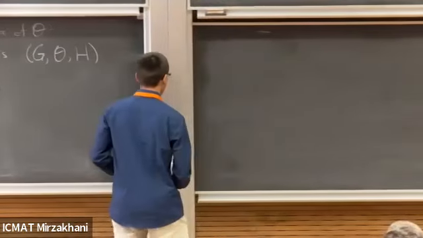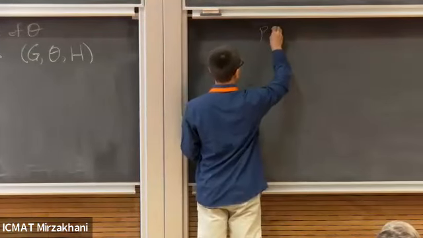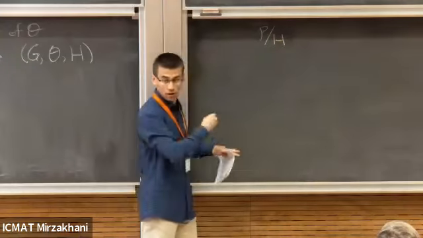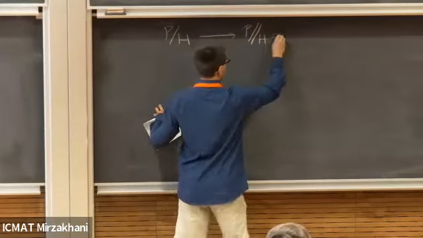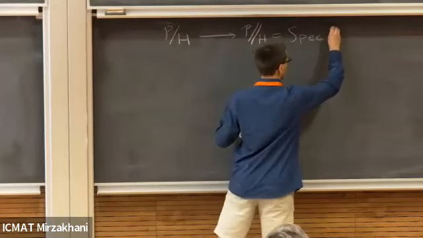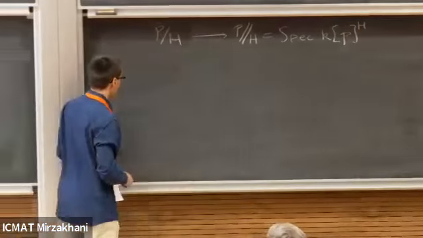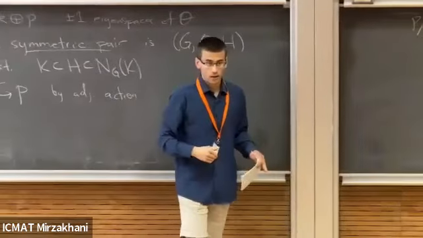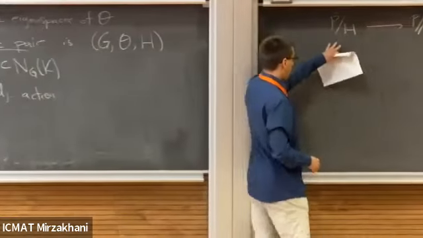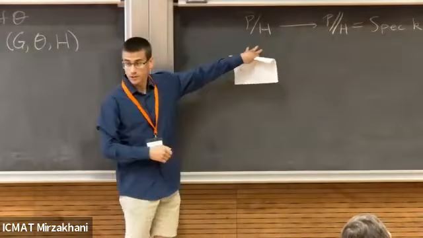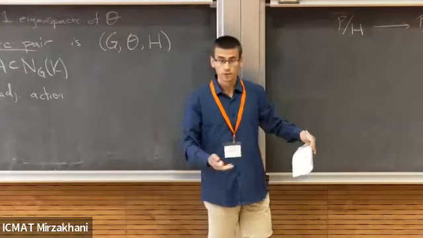Okay, and the principal object of study is this map from the stack quotient of P mod H to this GIT quotient, where if you recall, this is the spec of the invariant ring of H acting on P. And I want to study this in the philosophy that Noah introduced yesterday, which is that I'm going to first introduce some regular locus here, and then we'll see the appearance of some extra regular quotient pop up.